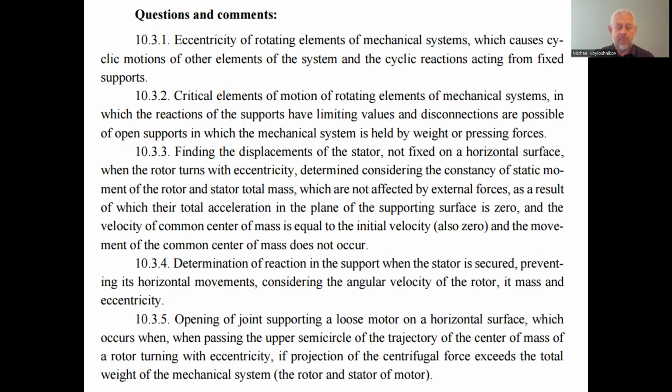10.3.5 Opening of the joint supporting a loose motor on the horizontal surface, which occurs when passing the upper semicircle of the trajectory of the center of mass of a rotor turning with eccentricity. If the projection of the centrifugal force exceeds the total weight of the mechanical system, the rotor, stator, or motor, we can find the centrifugal force as the eccentricity multiplied by the squared angular velocity multiplied by the mass of the rotating part.